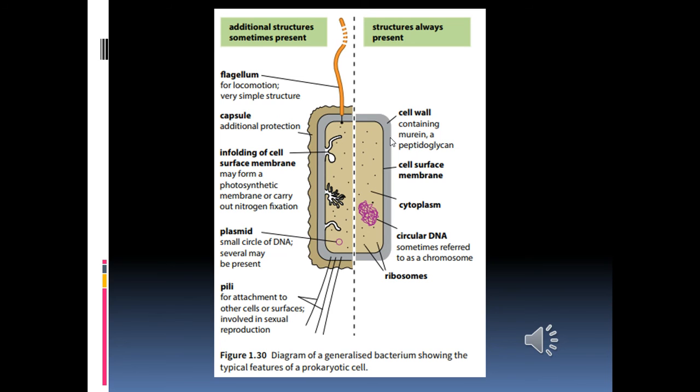So this is the general structure of prokaryotes. On the left are the additional structures that can sometimes be found in certain bacteria, while on the right are structures that will always be present in all prokaryotes or bacteria.